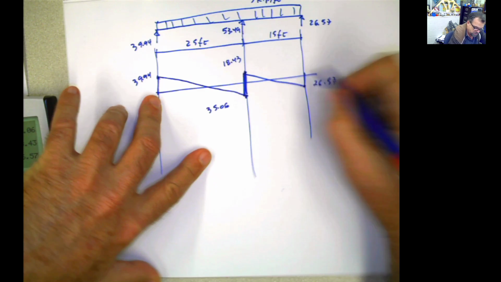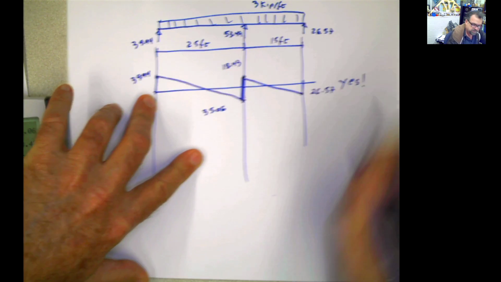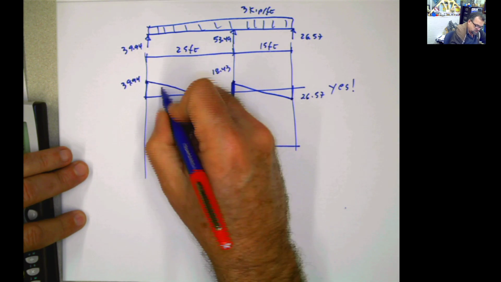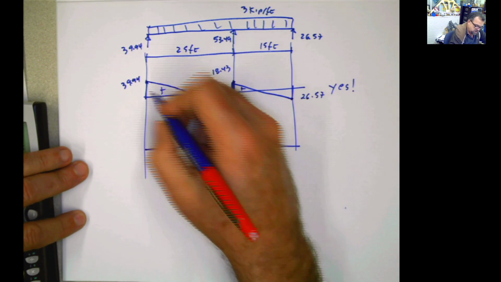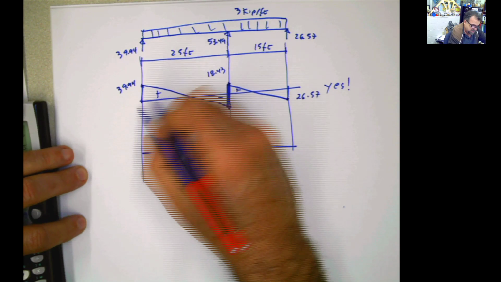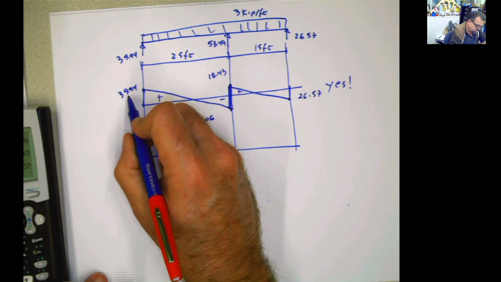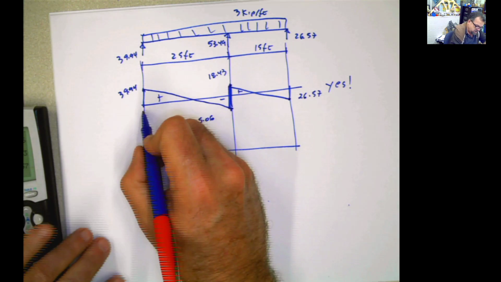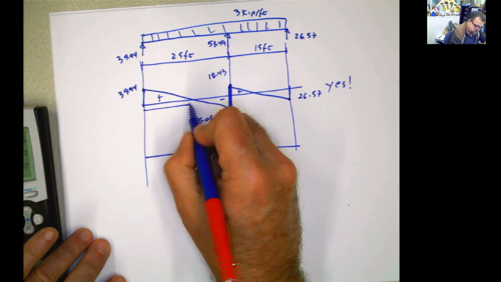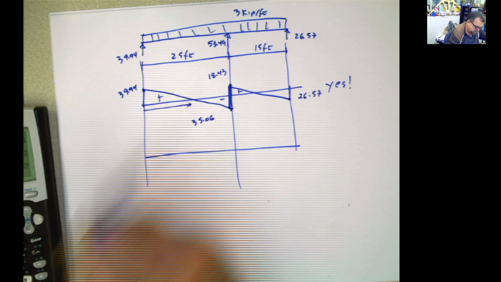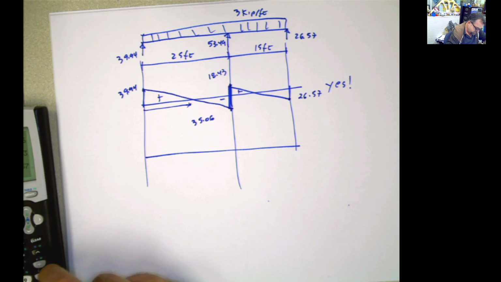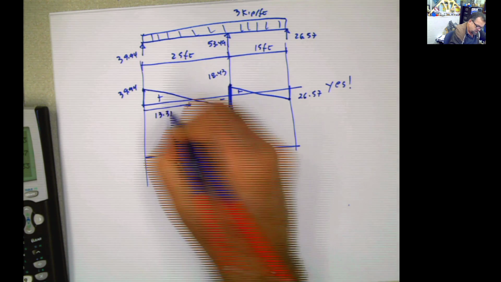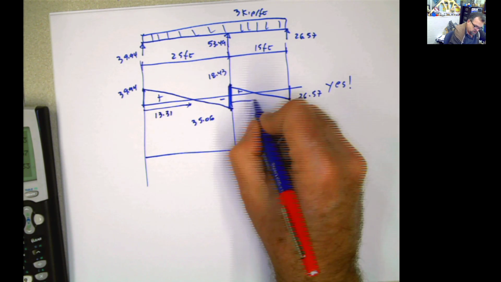And then the moment is going to be something like this. Remember, once again, this distance is going to be that value divided by the load. So this distance is 39.94 divided by 3. It's going to be 13.31.